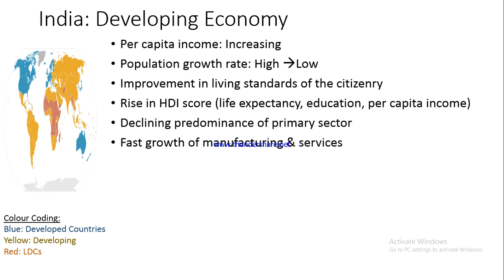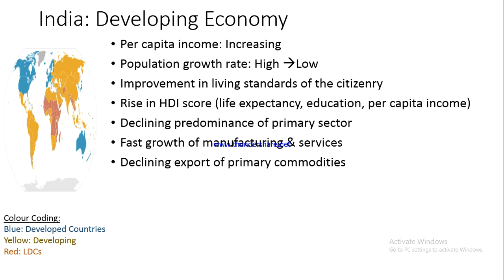So despite all this discussion, we know that there is a faster growth in manufacturing and services, which again is an indicator of India being a developing economy. Now, as far as the exports of primary commodities are concerned, they generally decline in a developing economy. Why does it decline?